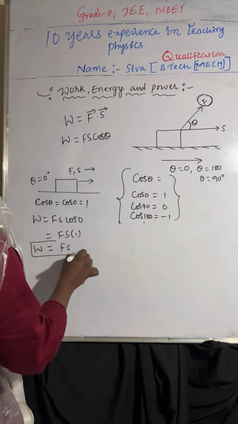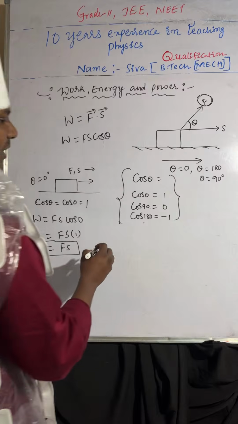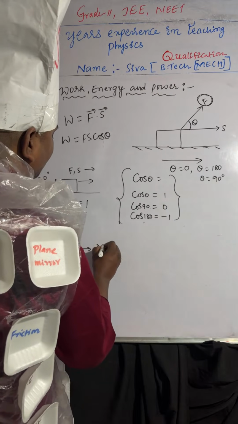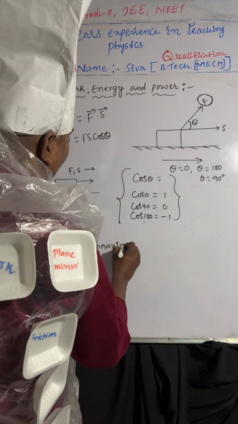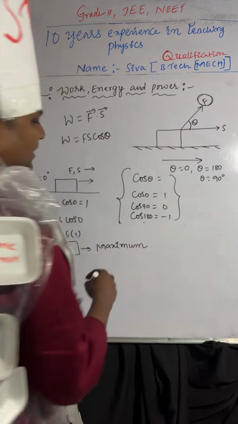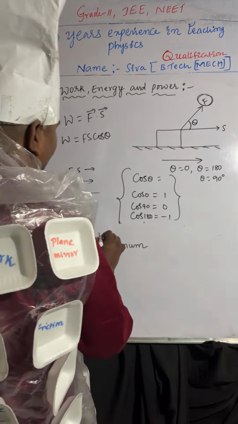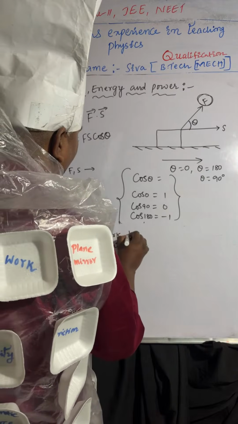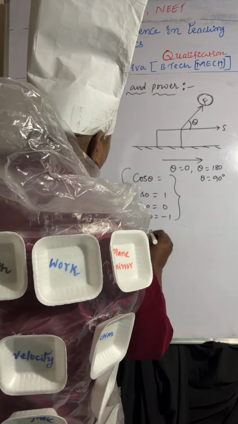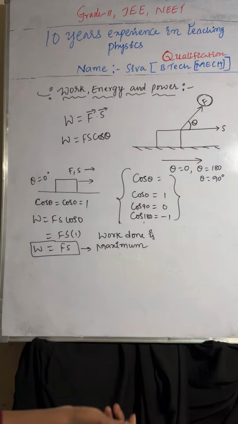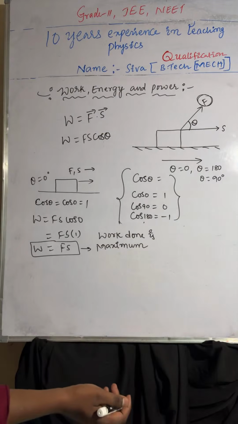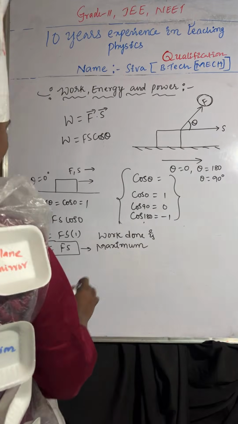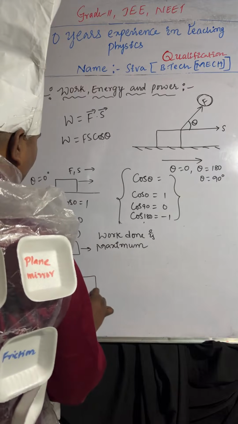W equal to Fs. This is the maximum work done. So when we apply force and the object moves in the same direction, work done is maximum.